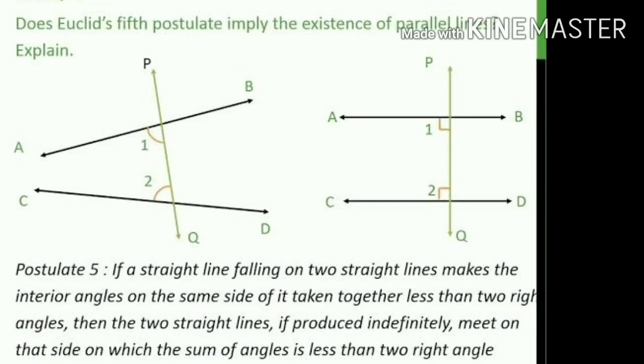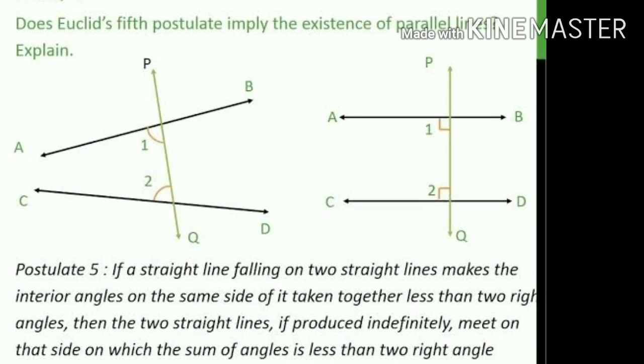We shall try to understand this fifth postulate with this example. We have two straight lines AB and CD. These two straight lines are cut by another straight line. You can see the angles marked in the first figure, that is 1 and 2. When the sum of these two angles are less than 180 degree, these two straight lines will intersect each other.